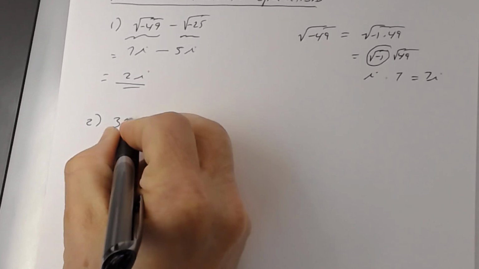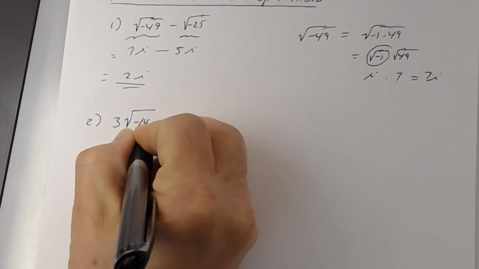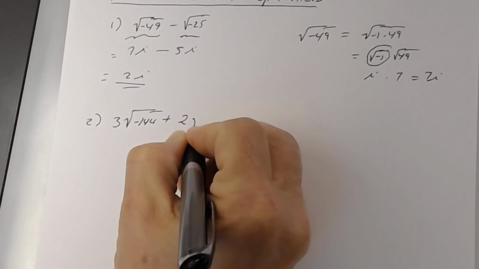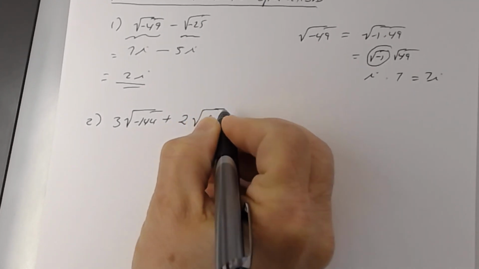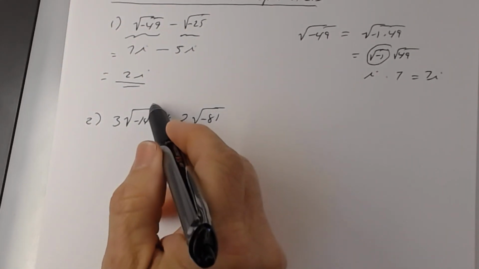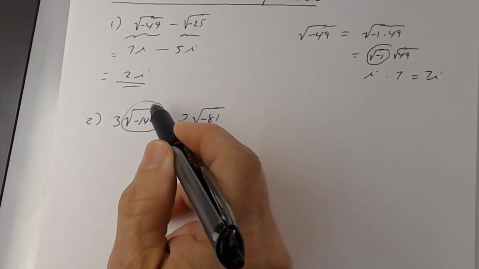3 times the square root of a negative 144 plus 2 times the square root of a negative 81. All right, let's deal with the square root of a negative 144, which is 12i. Good.